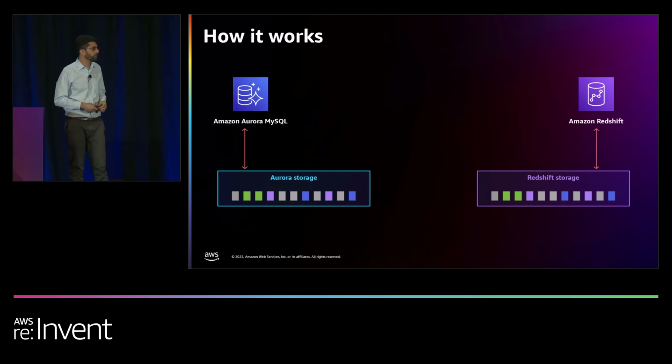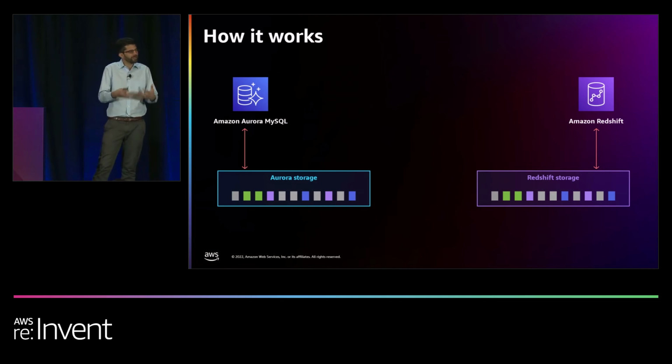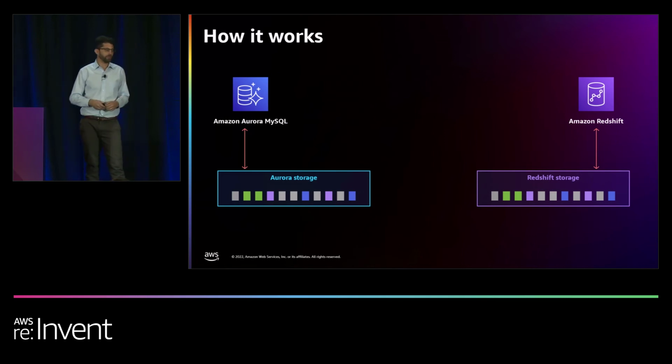There are plenty of other sessions that you can go to get really deep into how these services work. But there's one key element that's worth pointing out, and that's Aurora storage and Redshift storage, because that's what enables some of the key components of the zero ETL integration.